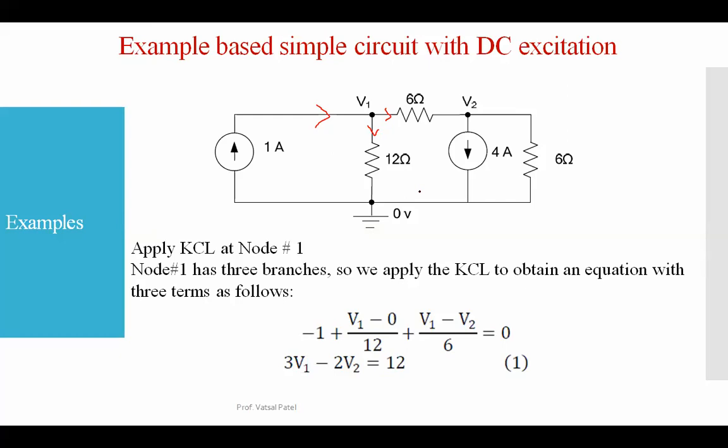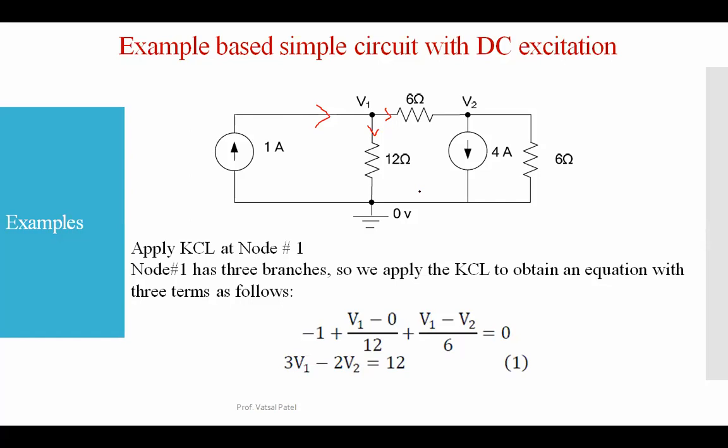So you can write (V1 minus 0) divided by 12 plus (V1 minus V2) divided by 6 equal to 1. If we simplify that equation, we will get 3V1 minus 2V2 is equal to 12. This is equation number 1, and the KCL we applied on node number 1.